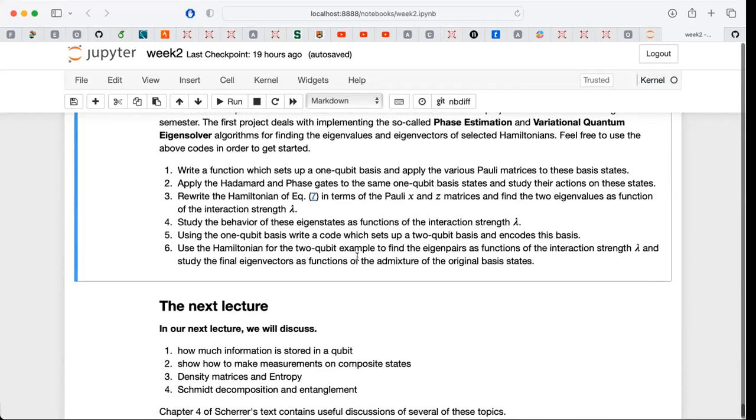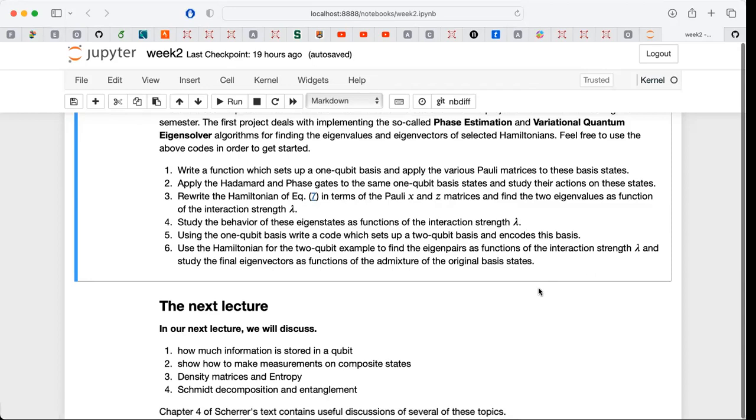And then use the Hamiltonian for the two qubit example to find the eigenpairs as a function of the interaction strength, and study the final eigenvectors as functions of the admixture of the original basis states. And that is extremely useful because later we are going to use that to define what we mean by the information entropy and link this with the concept of entanglement.